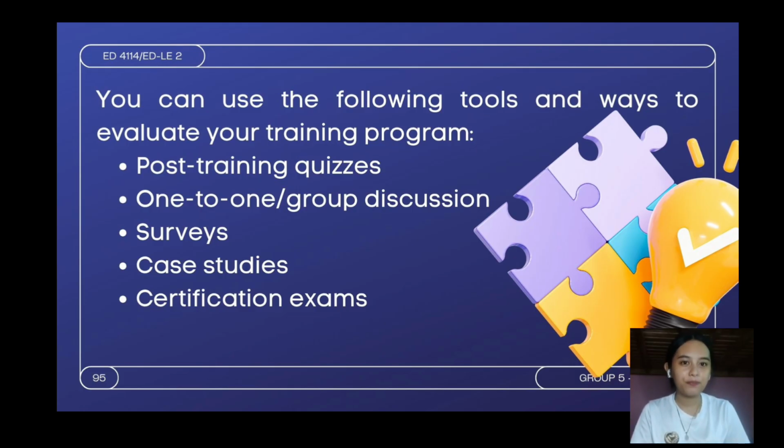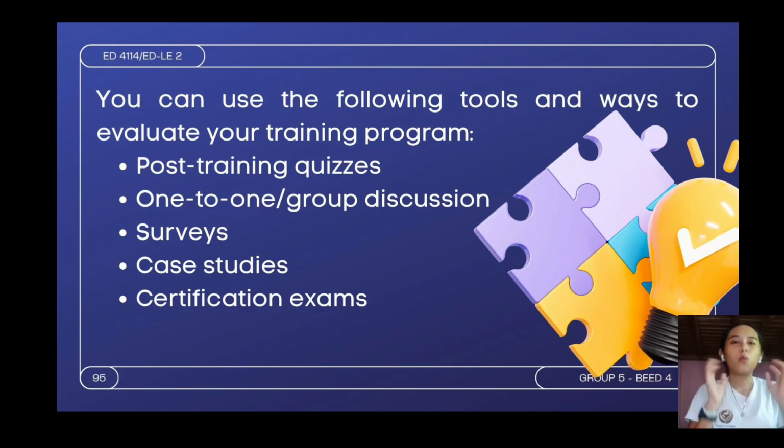So again, the Assure model is an instructional design model that encourages the use of technology equipment and apps in delivering contents or information. Once again, Assure stands for A, Analyze the learners.